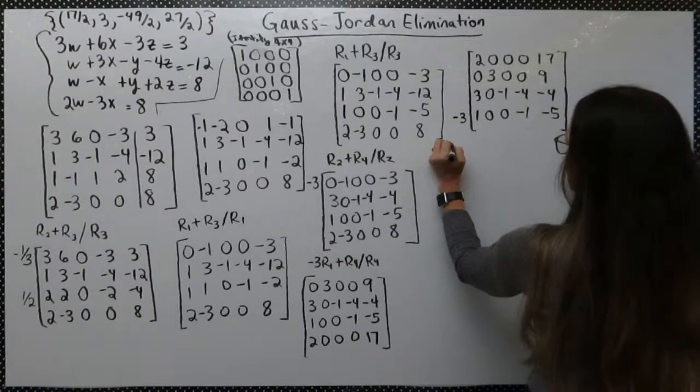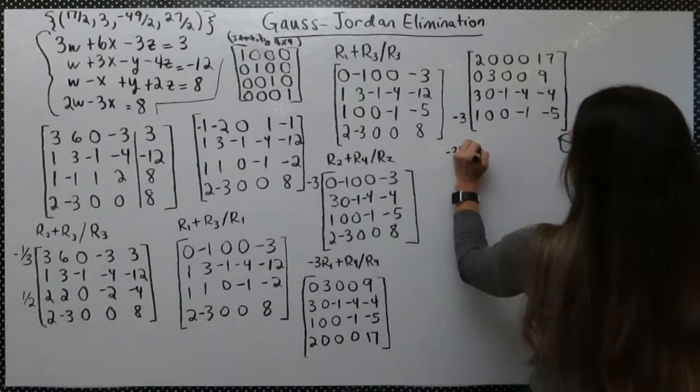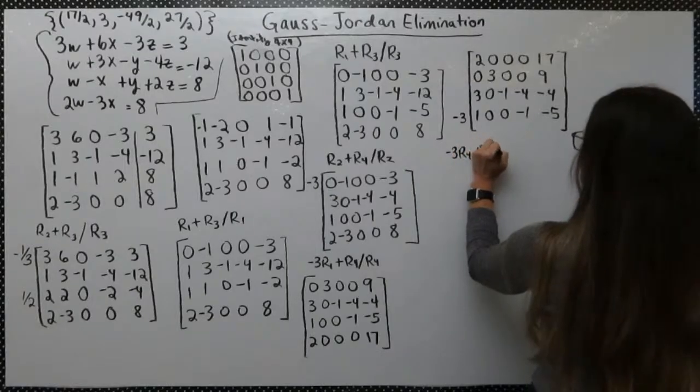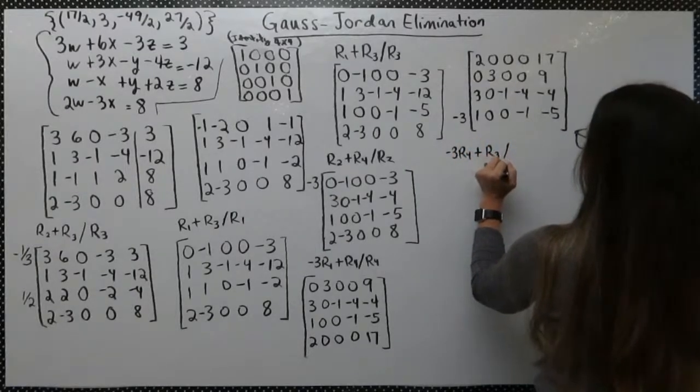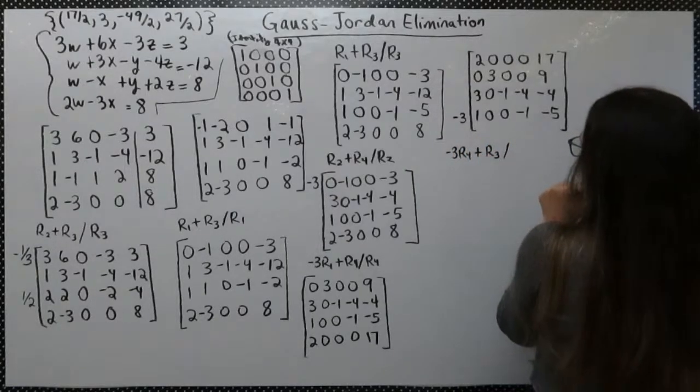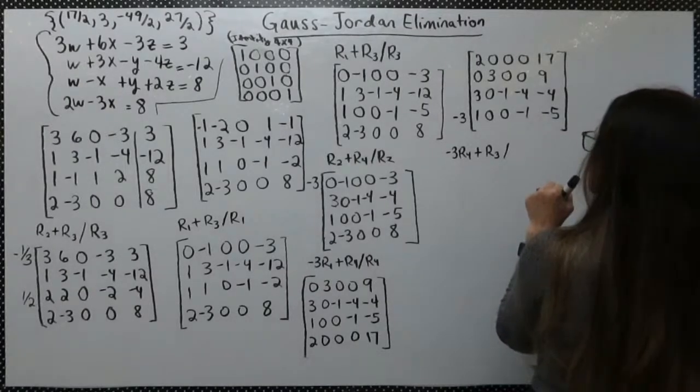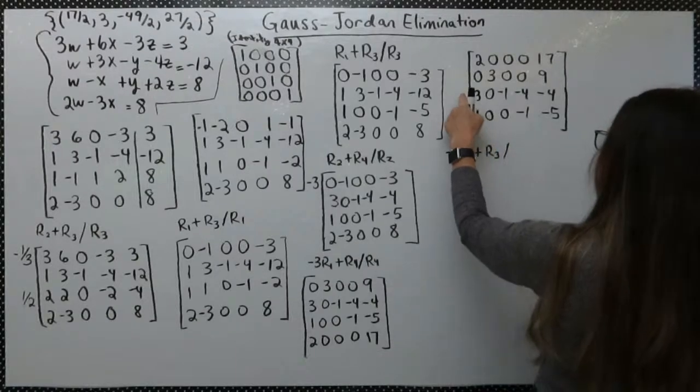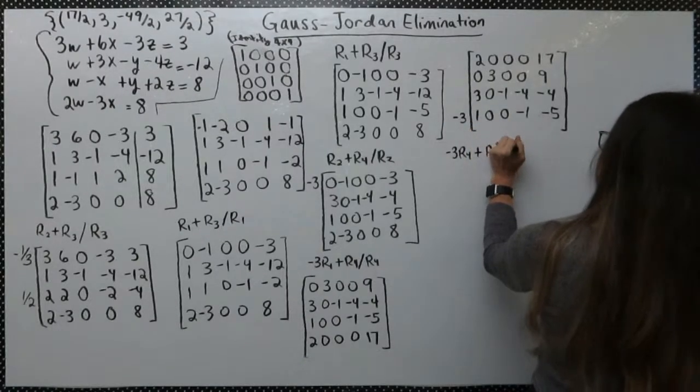We're going to say -3 row 4 plus row 3, and we're going to replace row 3.